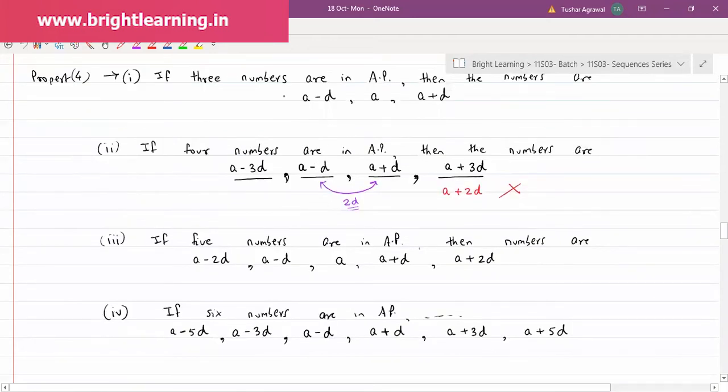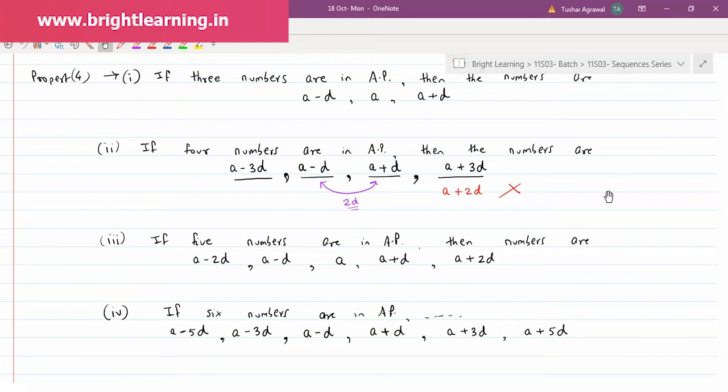In arithmetic progression, if I tell you to take 3 numbers in AP, just to simplify the calculation, we take the middle term as A and the next and previous terms as A plus D, A minus D. For 4 numbers in AP, we take the middle 2 numbers as A minus D, A plus D, and since this is minus d, plus d, the common difference should be 2 times d. So the next term will be a plus d plus 2d, that is plus 3d, and minus d minus 2d, that is minus 3d. If you take a plus 2d here, that will be wrong. You remember this very well from how we did it in AP. The motive of taking such terms was only to simplify the calculations.